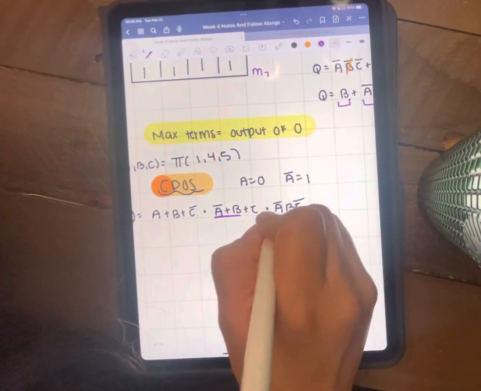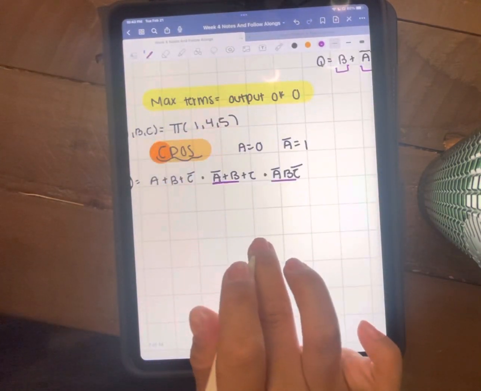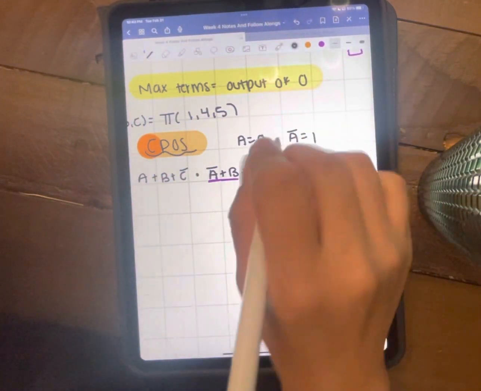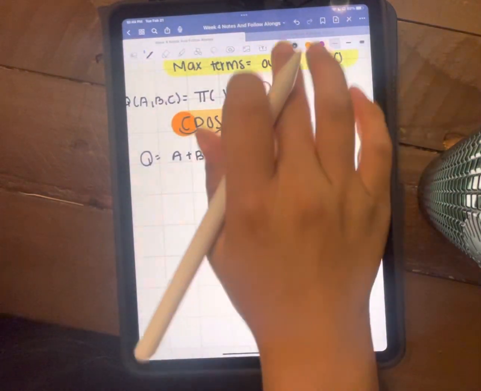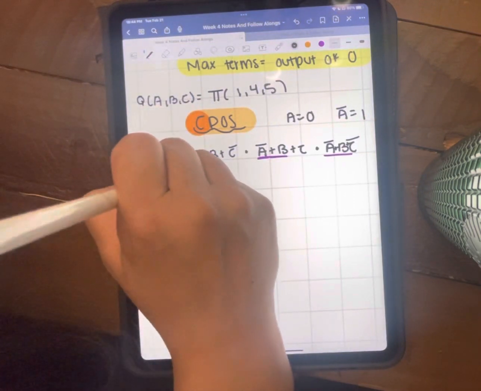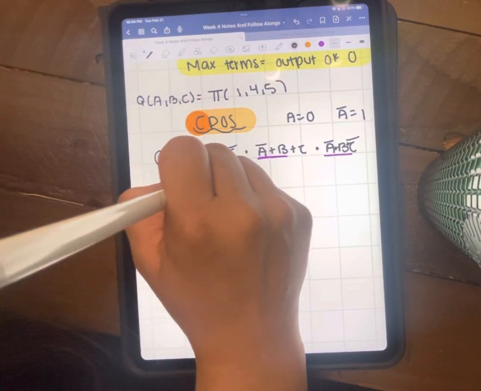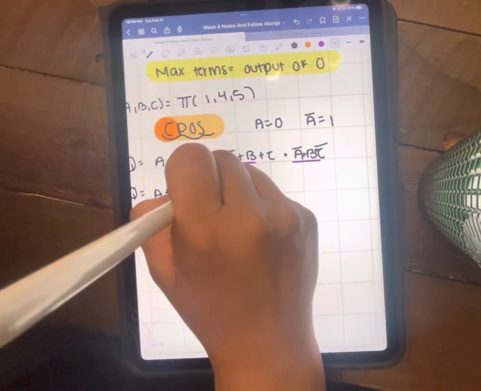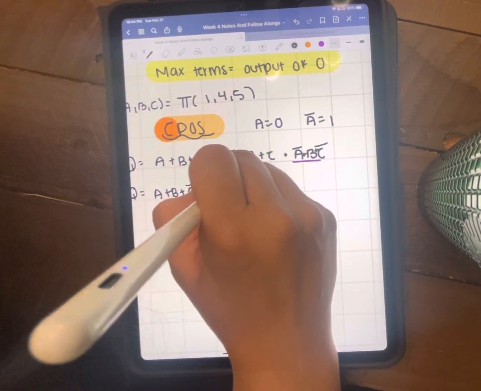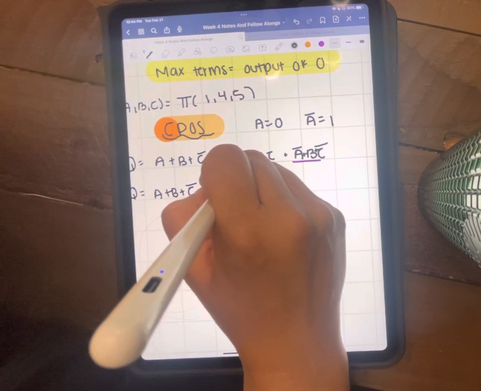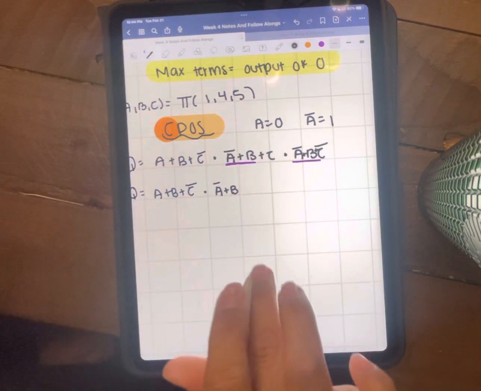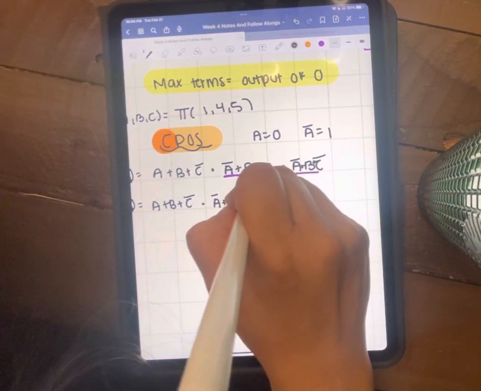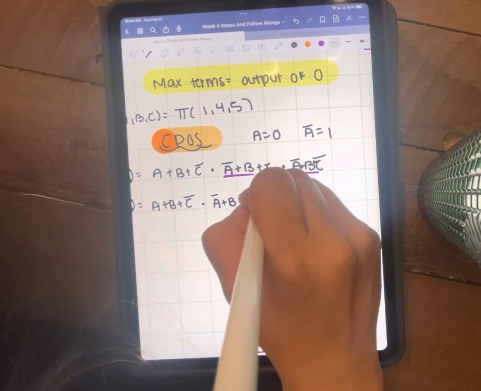So here we have an A prime B that we can factor out. And we're going to OR that and multiply the remaining terms.